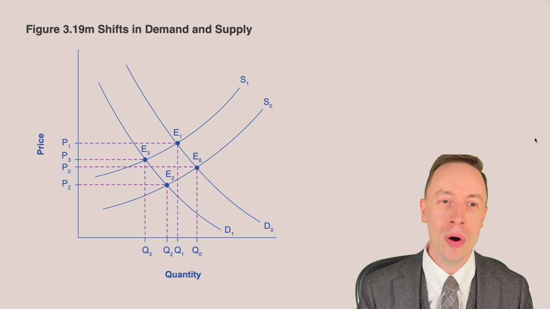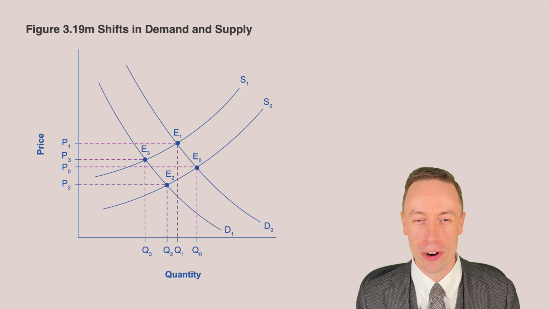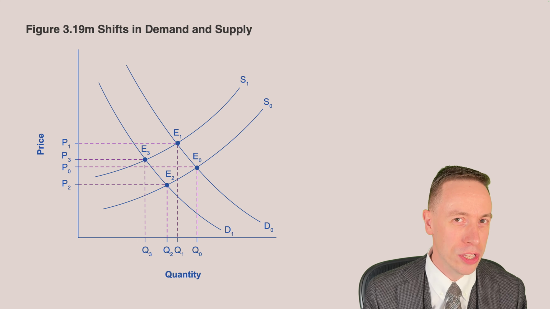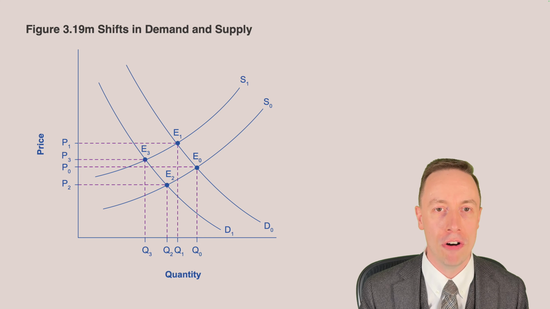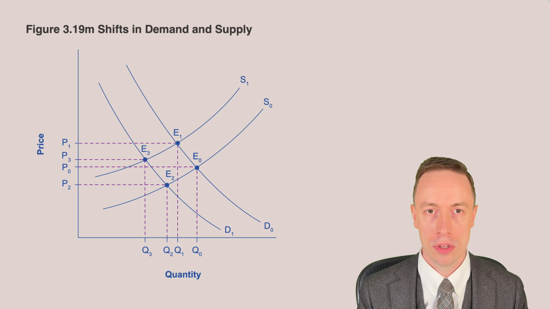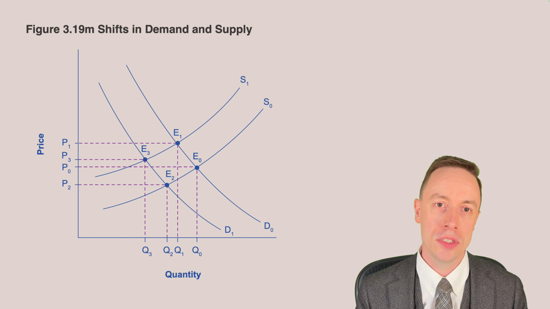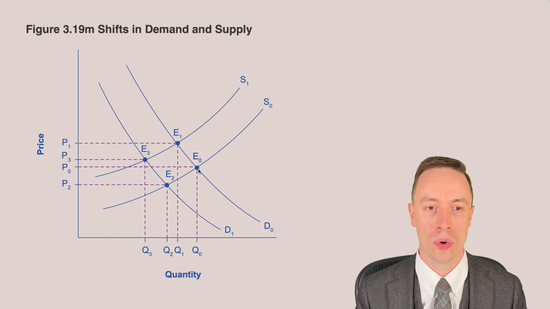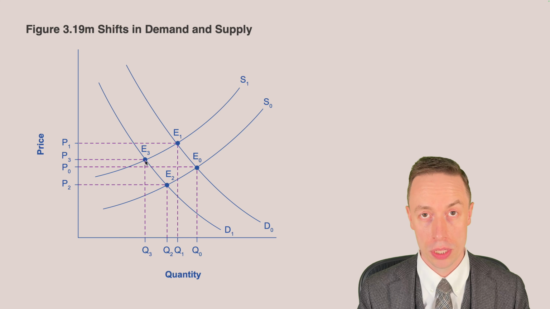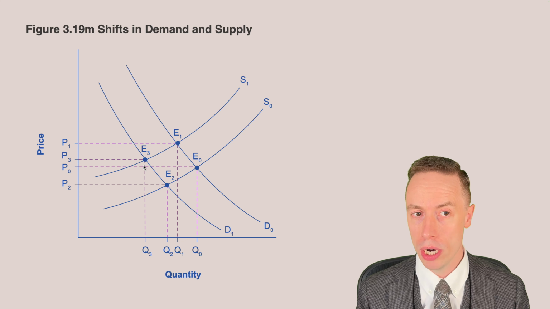So here now we have two supply curves, two demand curves, so that we can talk about a number of different shifts. The one we already talked about was if supply and demand decrease, so going from E0 to E3, certainly quantity decreases. Price? Not so sure.